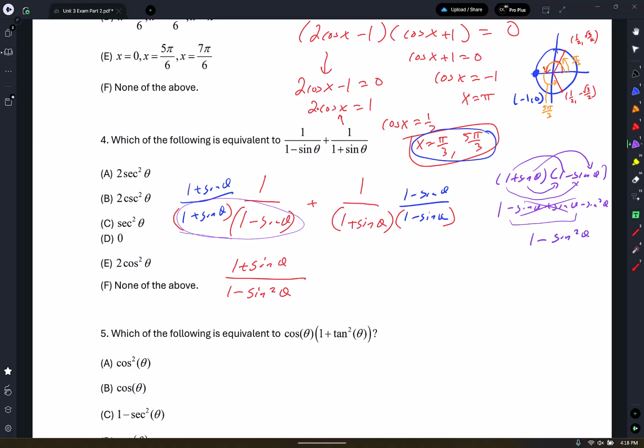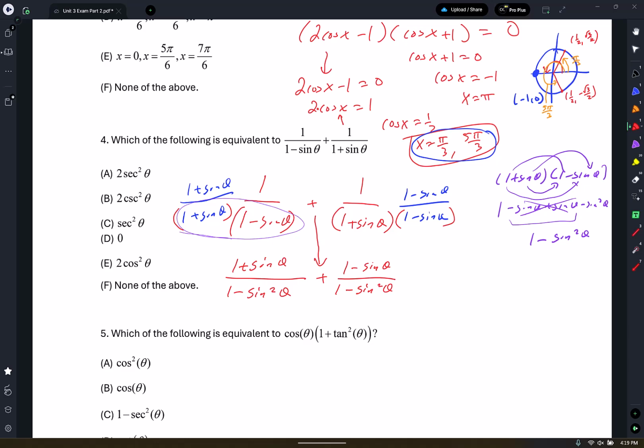Do you see how we did it? Okay, and I'll slow down. There's that plus. 1 times 1 minus sine theta is 1 minus sine theta, over again 1 minus sine squared theta. Are we still okay?